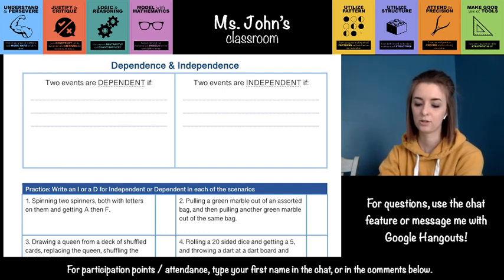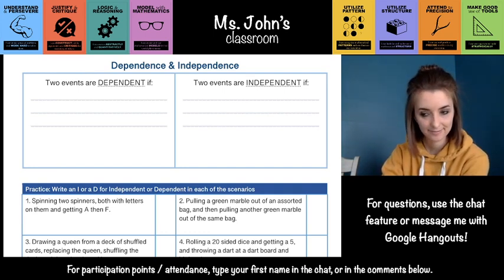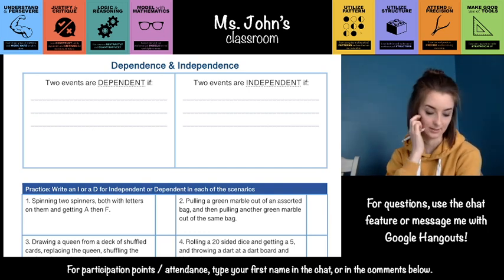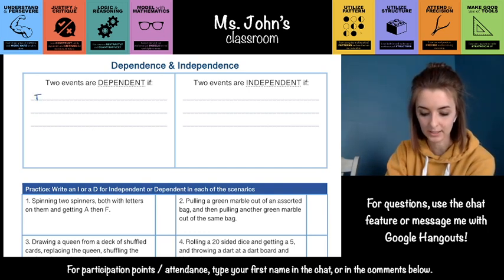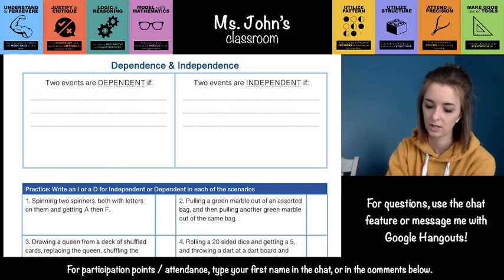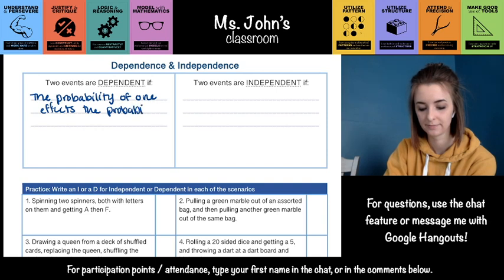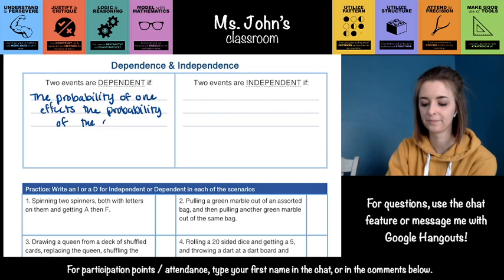So 2 events are dependent, meaning, yes, they're dependent if the probability of one affects the probability of the other.